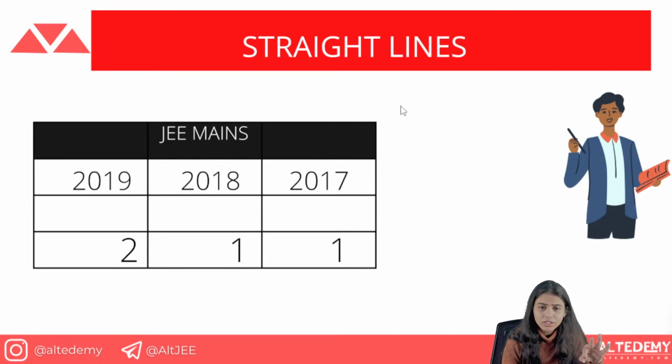So one question is definitely going to come from straight lines, and maybe two. If you have a good command of straight lines, you will land very good marks: plus 8 if two questions come, and plus 4 for one. I hope you will study it well and understand it too.